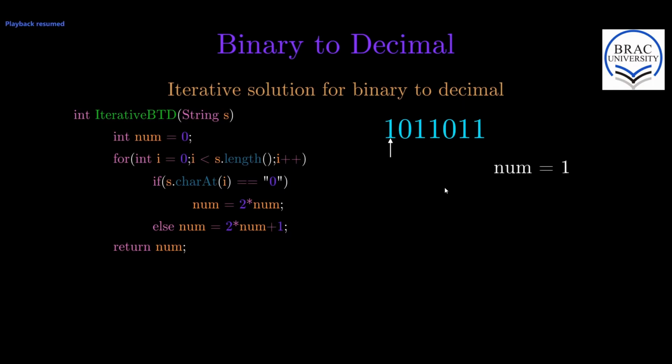So num is 1, then we get character 0, so we double this number, then we go to the third character, which is 1, so this will go to the else case, so the number gets doubled plus 1, which is 5. Once again double plus 1, which is 11, then double 22, double plus 1 45, double plus 1 91.